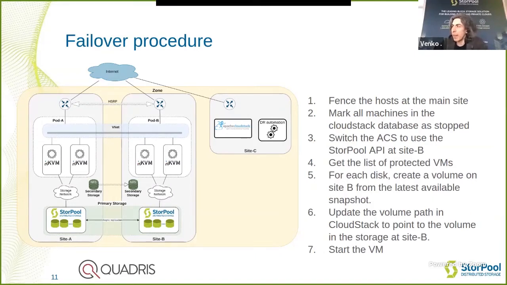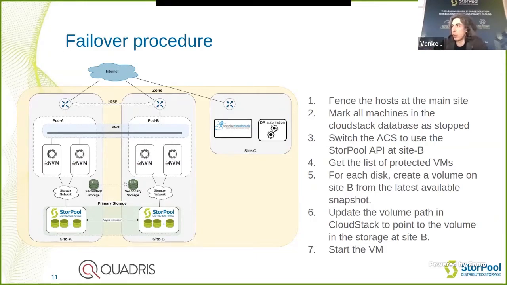The entire DR functionality and the entire DR procedure is built external to Apache CloudStack, so it doesn't require any changes or any new features in CloudStack. It's done only using the CloudStack and StorPool APIs.